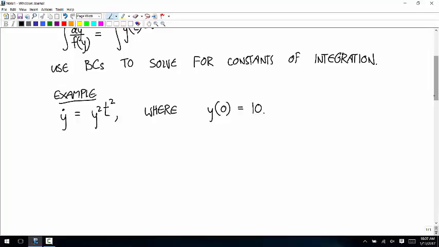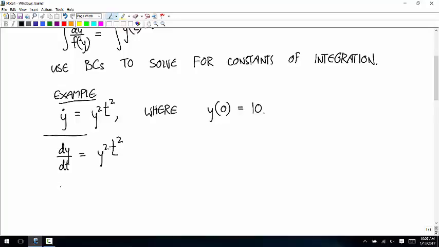So the function of y is y squared. The function of t is t squared. So I'll rewrite this as dy dt is equal to y squared t squared.